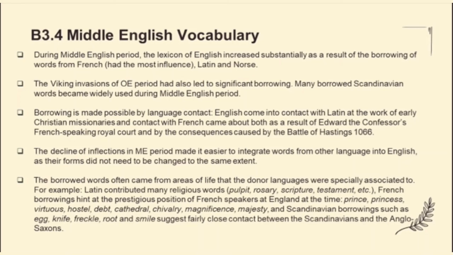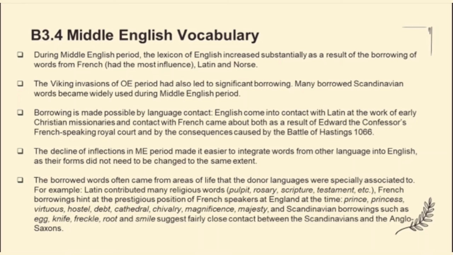The decline of inflections in the Middle English period made it easier to integrate words from other languages into English, as their forms did not need to be changed to the same extent. The borrowed words often came from areas of life that the donor languages were especially associated with.